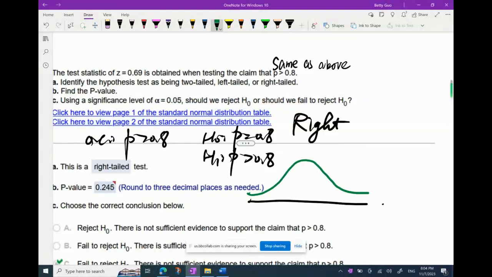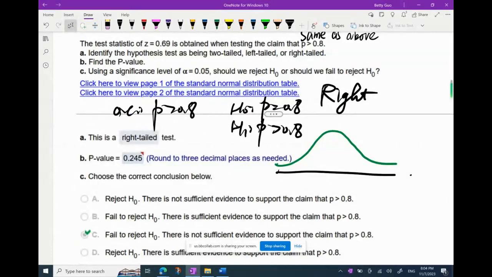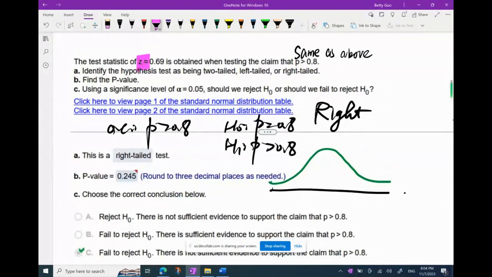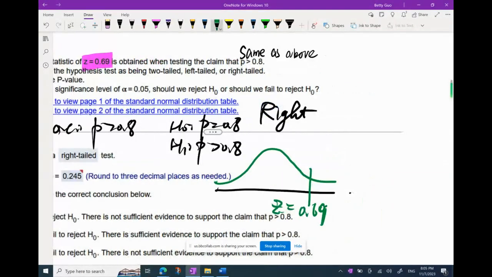Let's see what the question is here. Part A, right-tailed. Part B, p-value. We can use the test statistic to find the p-value, right? Since it's a one tail, we don't have to double it. We figure out where the test statistic is. The test statistic is z equals 0.69. The area of the region to the right of the test statistic is the p-value.